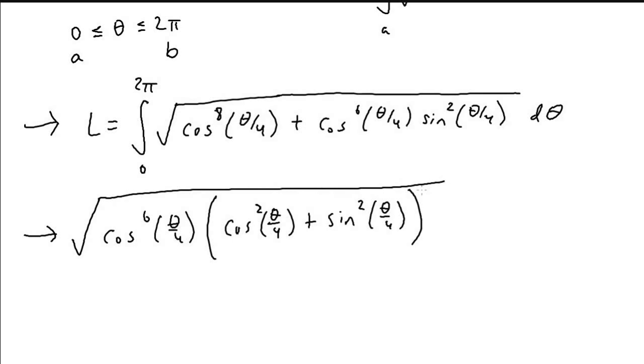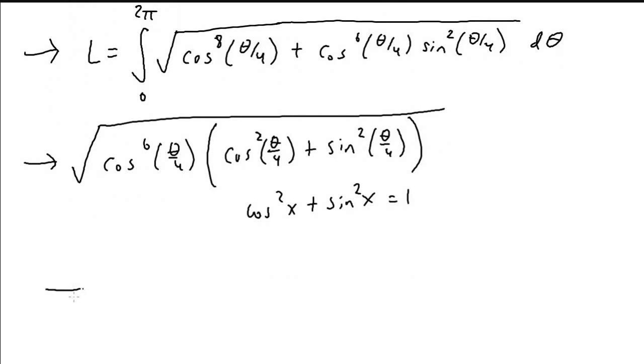Now, remember the trig identity where cosine squared plus sine squared equals 1. And since we have the same theta over 4, cosine squared of theta over 4 plus sine squared of theta over 4 simplifies down to 1.